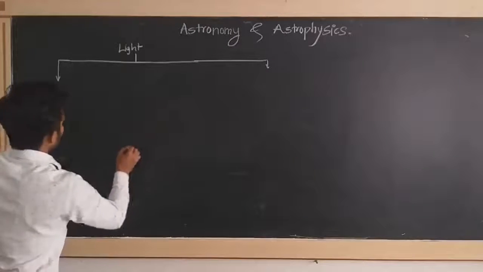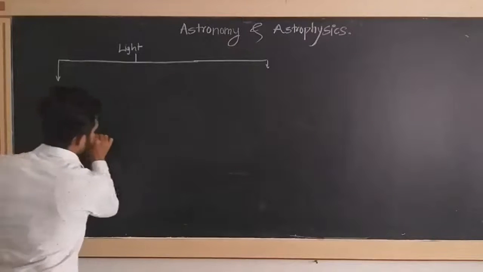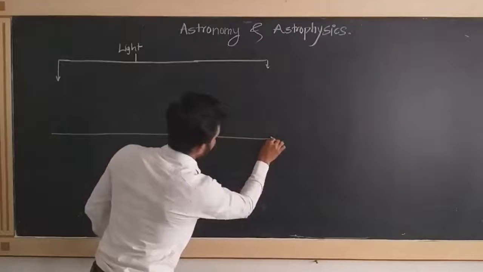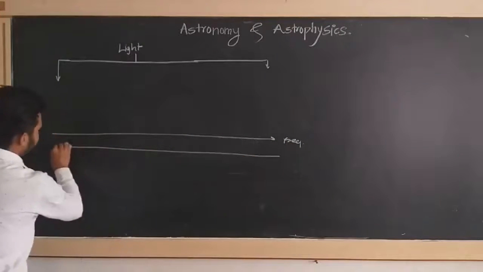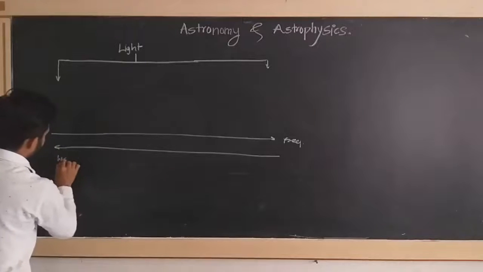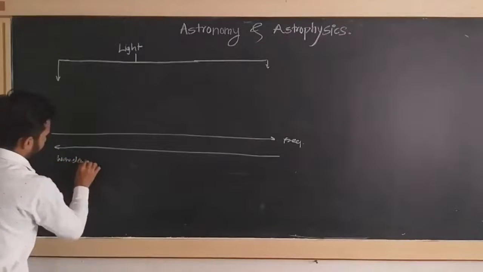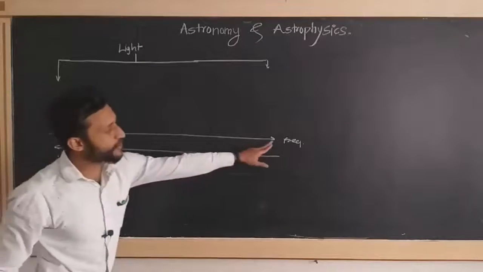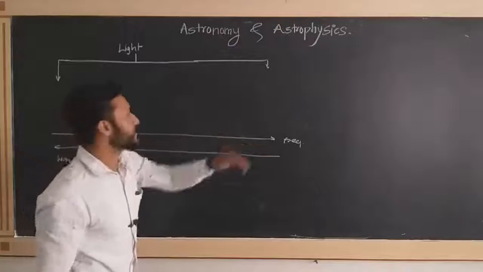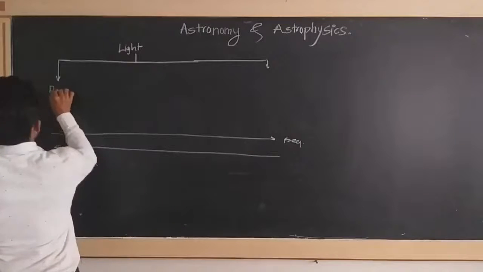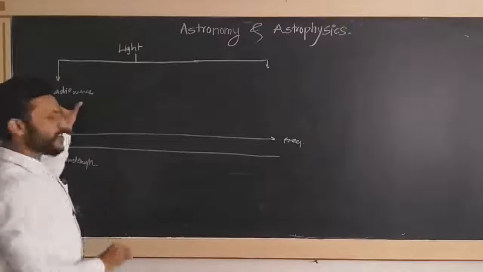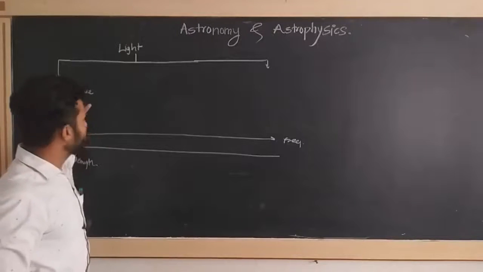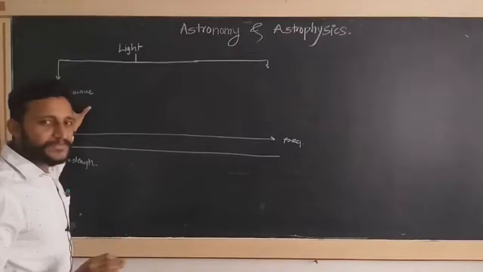So we can draw the electromagnetic spectrum in increasing order of frequency, or decreasing wavelength. Make sure that this arrow indicates the increasing order. First, radio waves, which have the longest wavelength or lowest frequency.